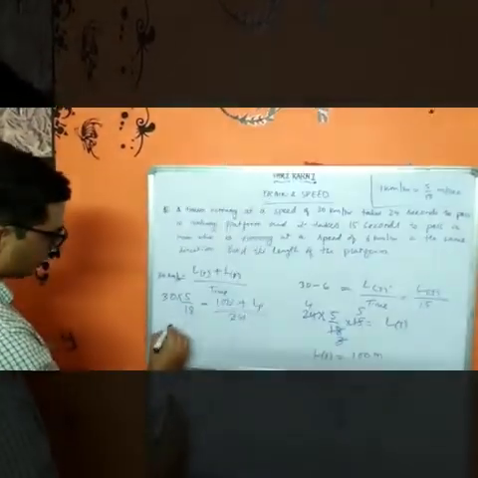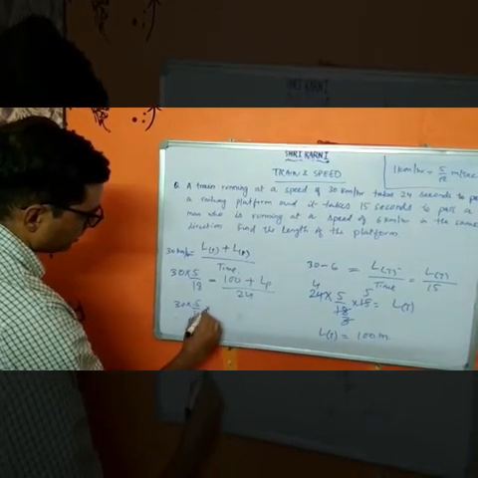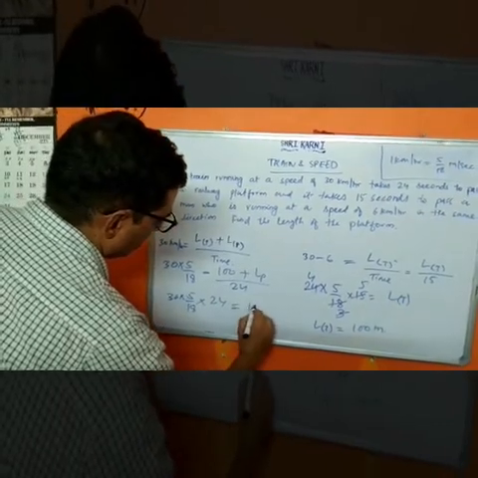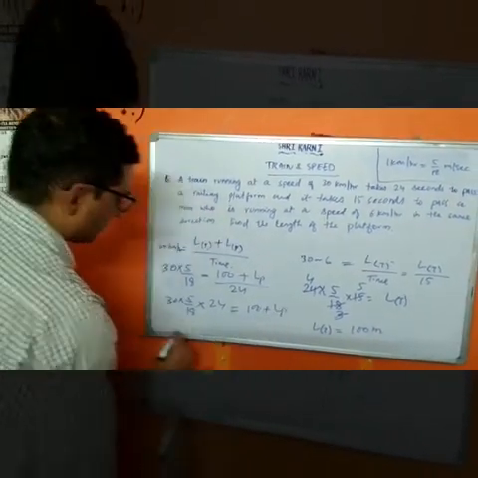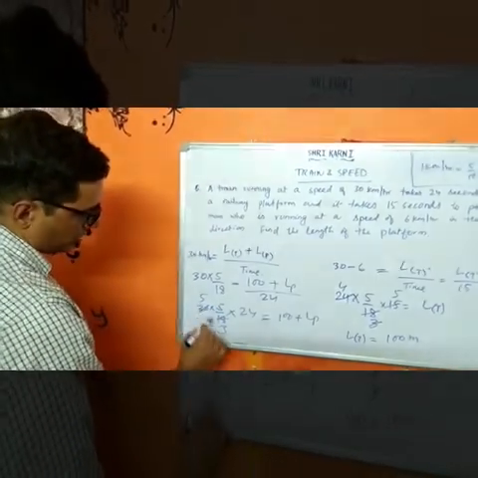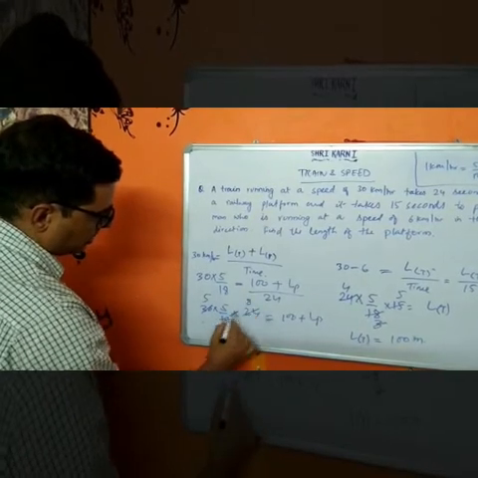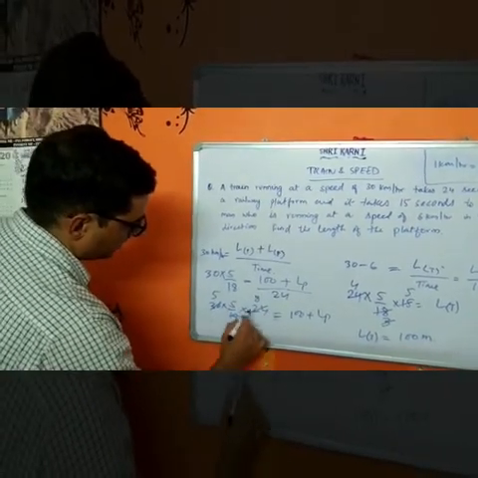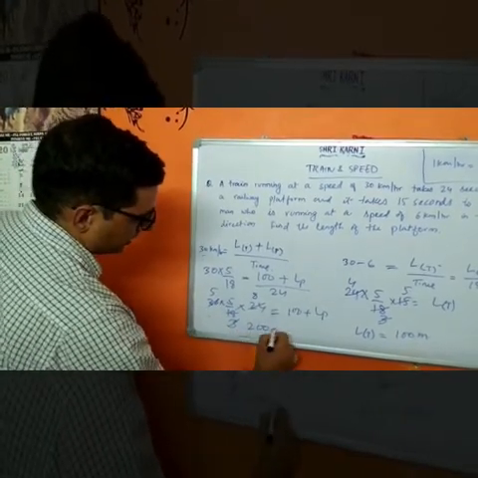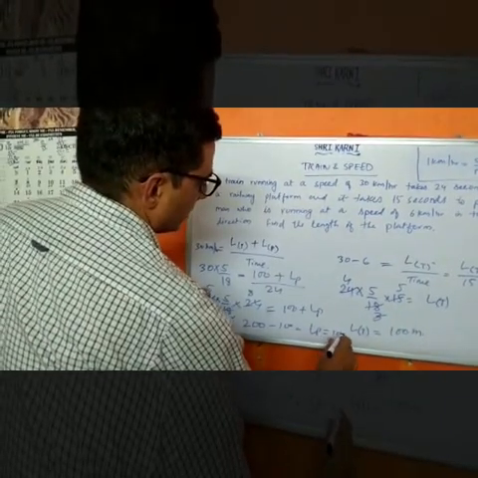So we will solve this. 30 into 5 by 18, 24 will come to this side, equal to 100 plus length of the platform. 6 3s are 18, 6 5s are 30. So this is 200. 8 into 25 is 200, minus 100 will be the length of the platform. So the length of the platform will be 100 meters.